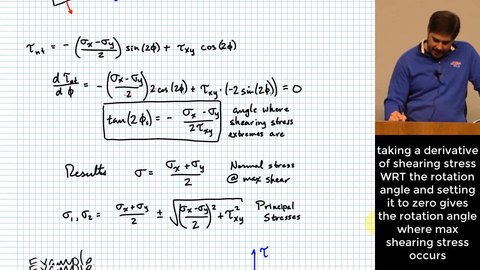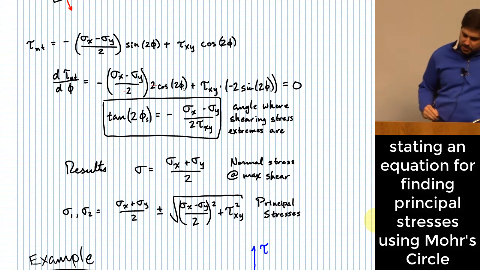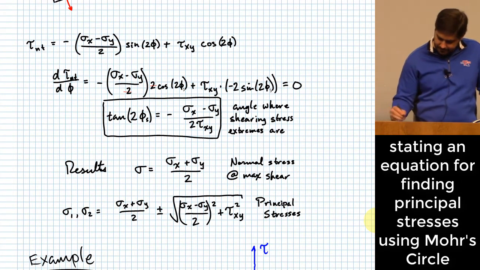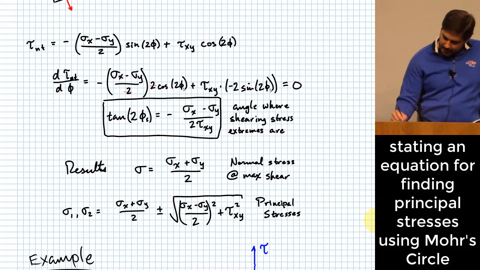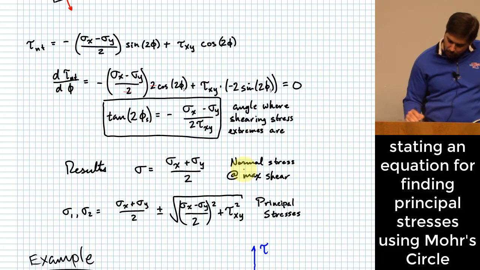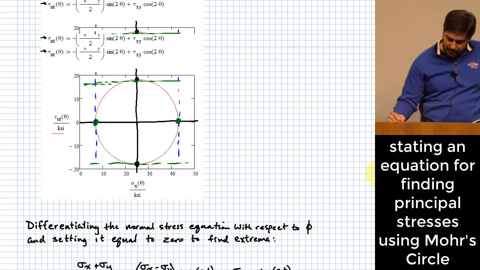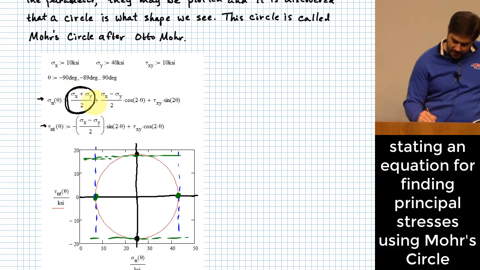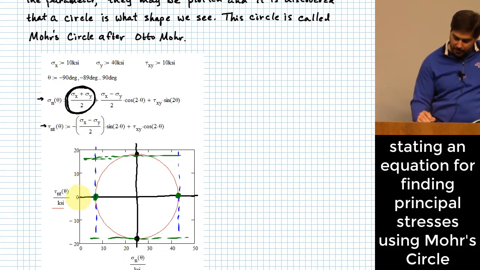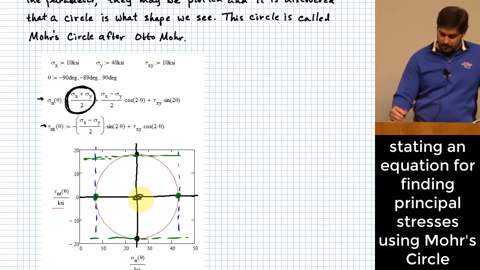At the end of the day, here's what you need to know. Your maximum normal stress, or the normal stress at maximum shear, is going to be equal to that value identified just a second ago. It's going to be equal to that shift amount that we went from 0 to where this center exists.